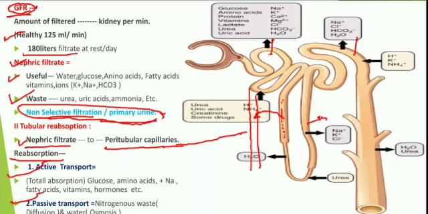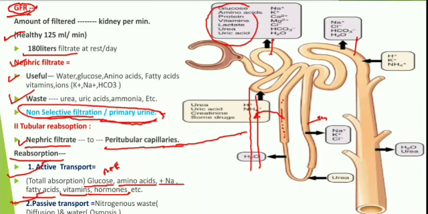Which substances are actively transported using the energy molecule ATP? Glucose, amino acids, ions like sodium, fatty acids, vitamins, hormones. All these substances get reabsorbed by active transport, and some substances get reabsorbed by passive transport without any utilization of energy.